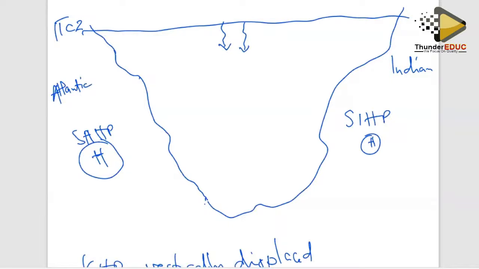The overhead position of the sun is somewhere to the south of the equator, somewhere around the 23.5 degrees line, which is the Tropic of Capricorn, which means it's summer conditions in the south. These high pressure cells also tend to move latitudinally with the shift of the ITCZ.